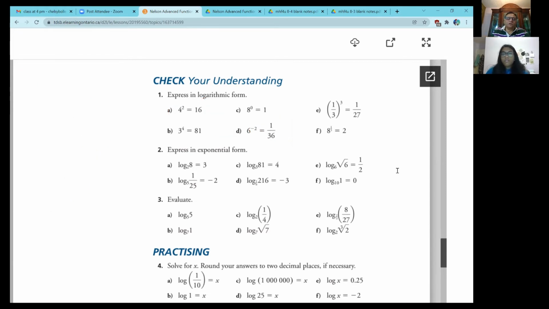Let's clear this. Move on to the next question, which is expressed in exponential form. So the very first one, log to the base 2 of 8 equals 3. Correct?